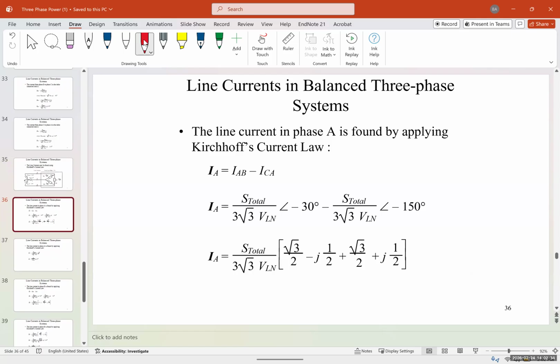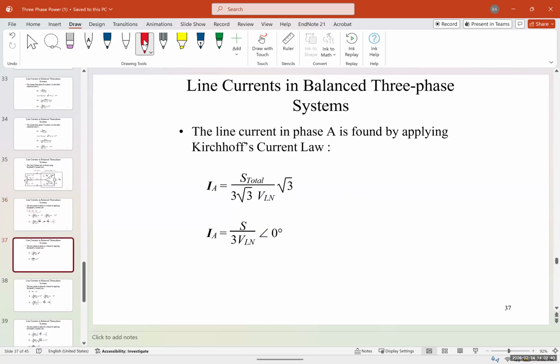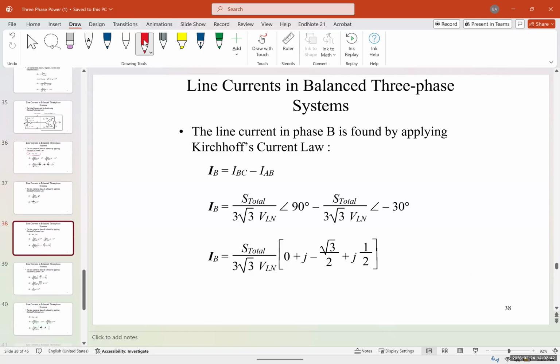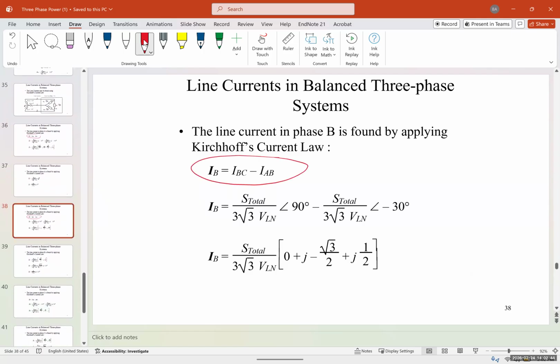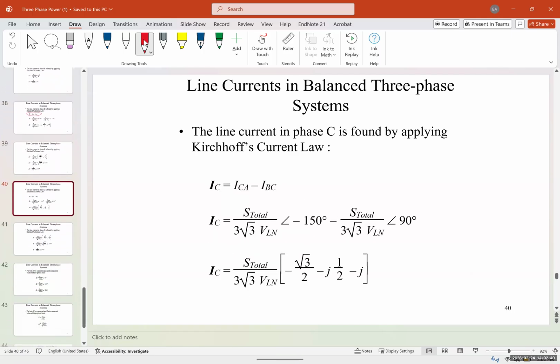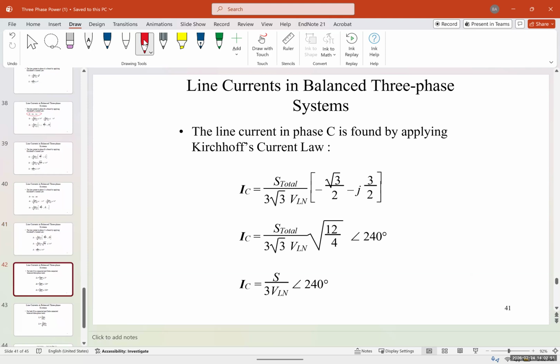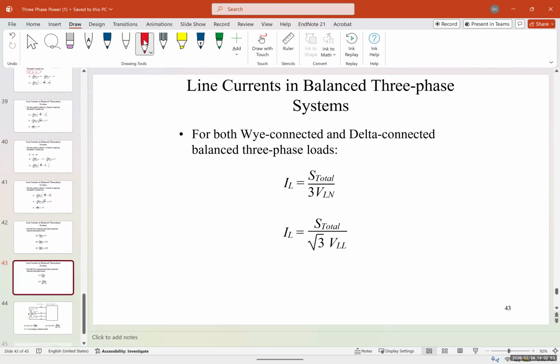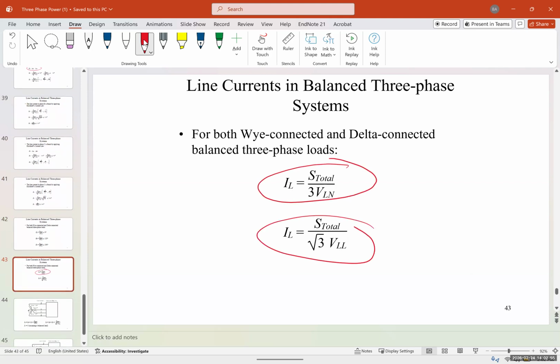Now here the currents would not add to 0. Obviously, we don't want them to add to 0. And there's a relation between them. This is going to be the relation between each phase and the currents that we have. And let me get to the final. These are just proofs of Kirchhoff's law and how we add them together. And this is the final equation that we have for that.